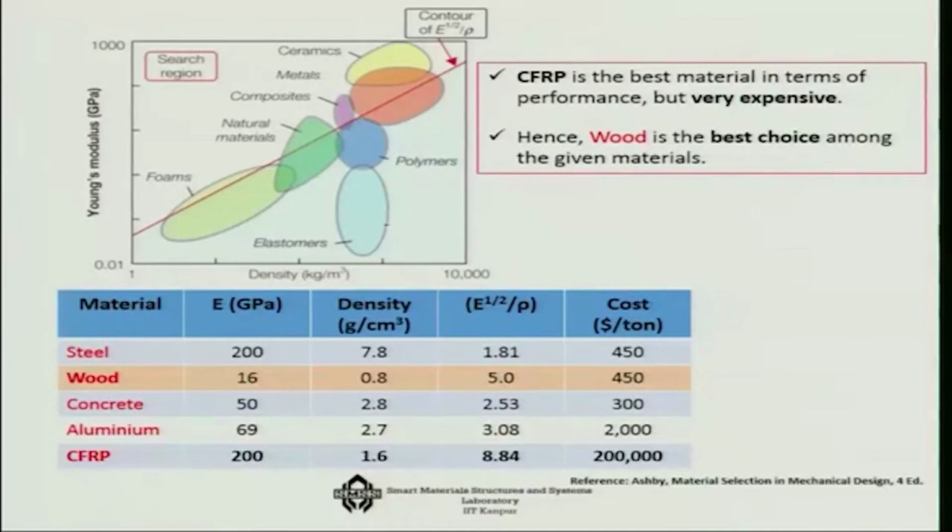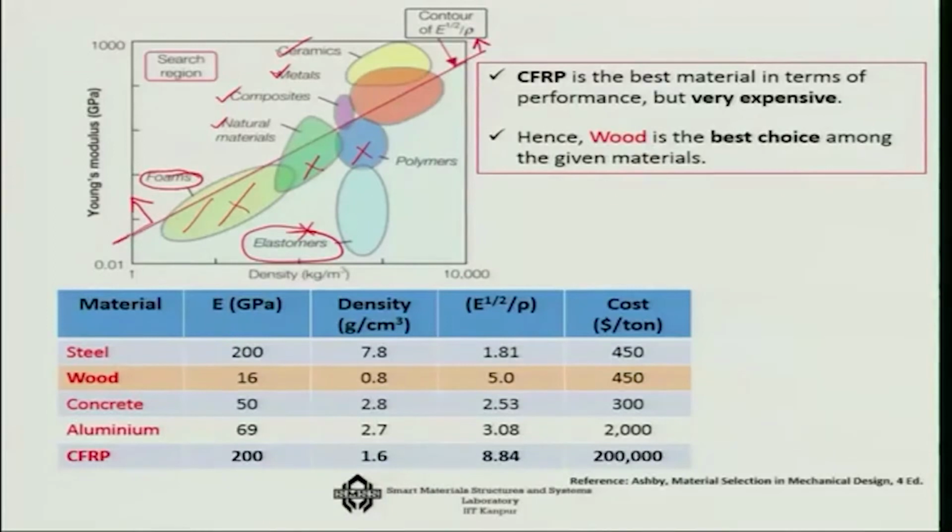You have very lightweight elastomers here, and foams which are even lighter, but corresponding to our fixed cutoff value, many materials are not actually suitable. The elastomers are not suitable, a group of foams, a group of natural materials and a group of polymers are not suitable. Materials above this, that is some natural materials, some composites, some metals, some ceramics, are suitable for us because they are above this region.